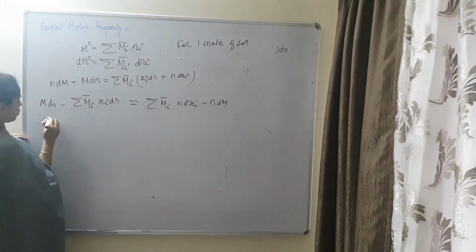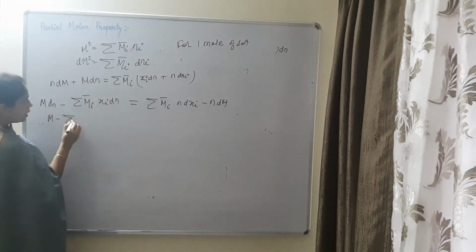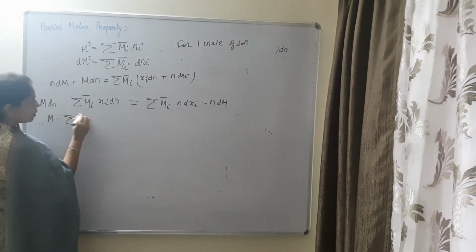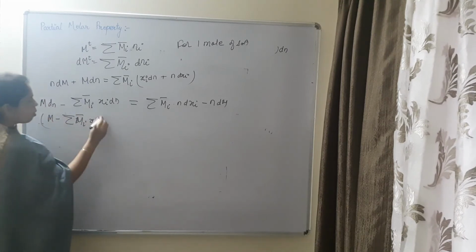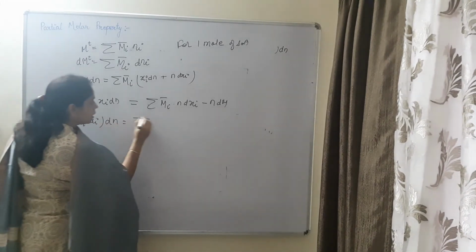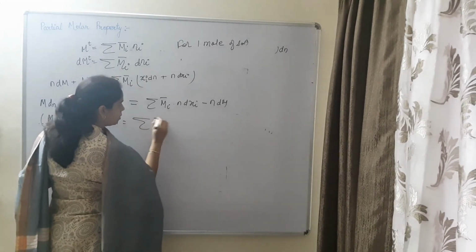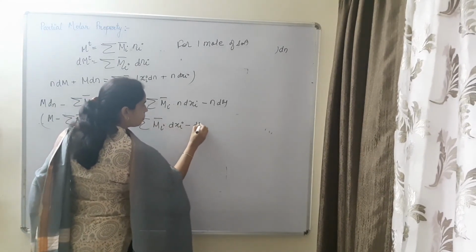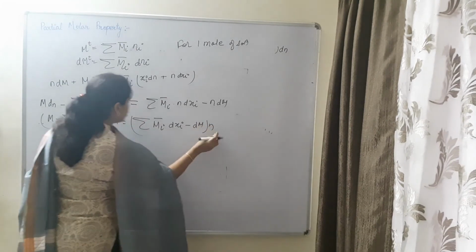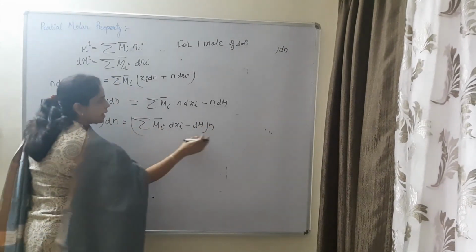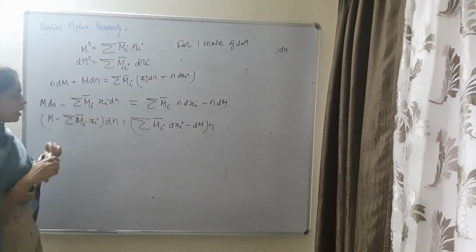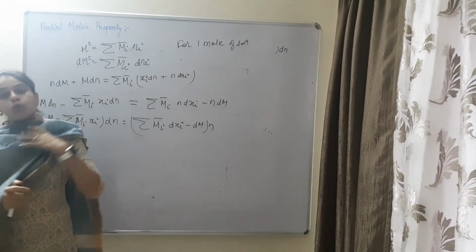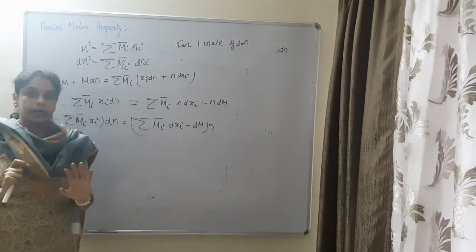So from here you can take dn common, and from here you can take n common, right? So here two terms are there, dn and n. These two, dn and n, are going to be changed independently, right?